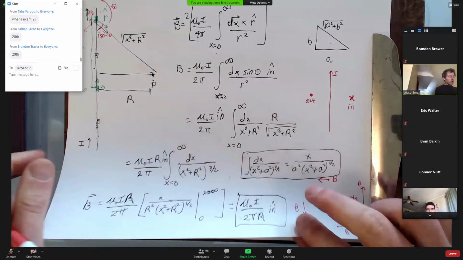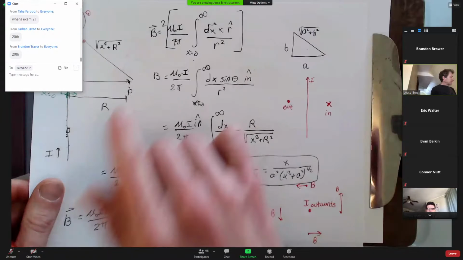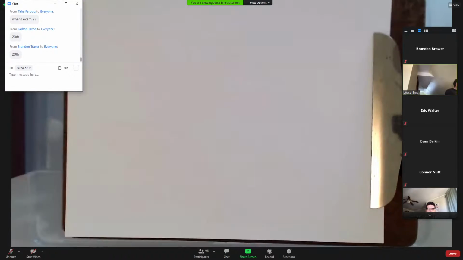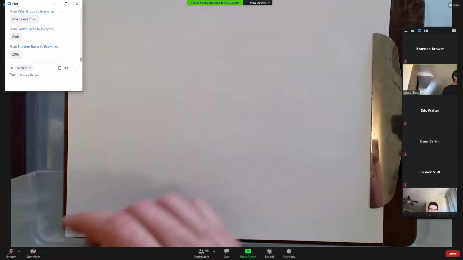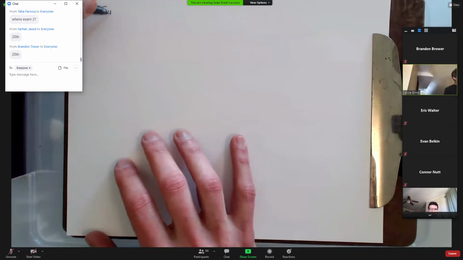Okay, so there's one other Biot-Savart law problem in the homework. And so we're going to shift gears just a little, and we're going to use this result that we just found to find the force between parallel currents.